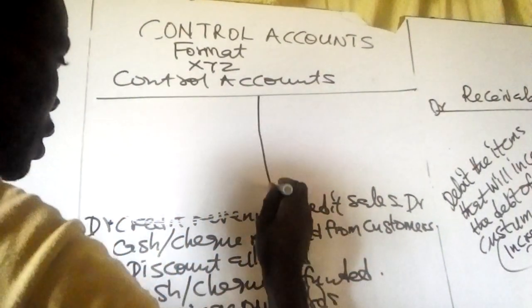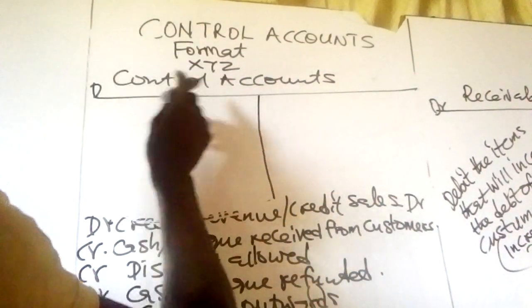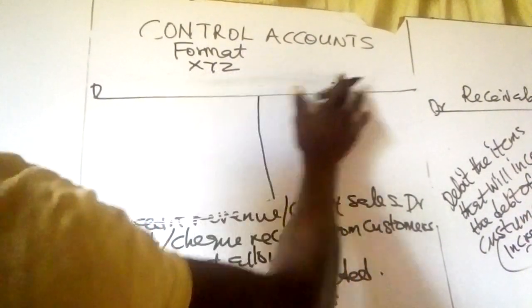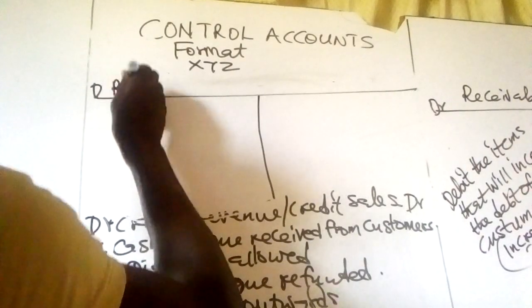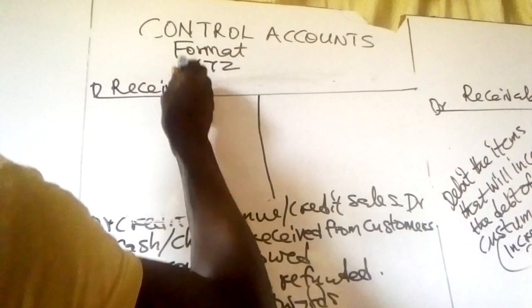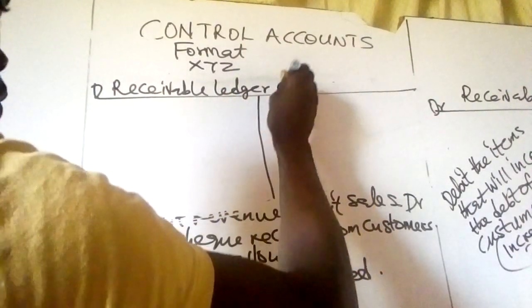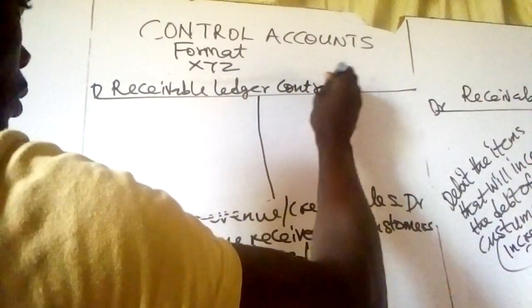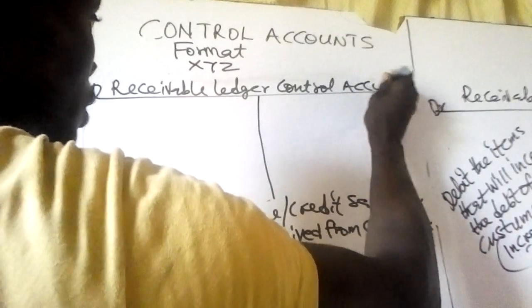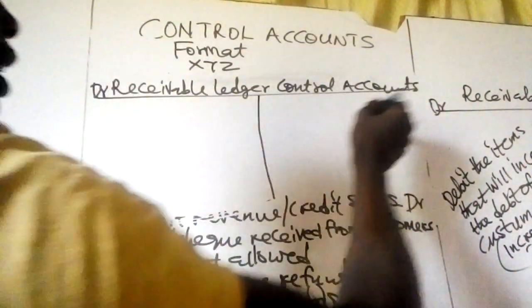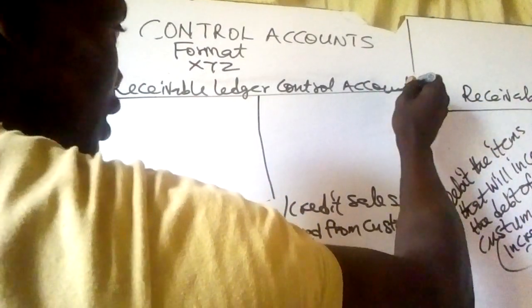You have to indicate the type of control accounts: receivable ledger control accounts. This is the debit side and this is the credit side.